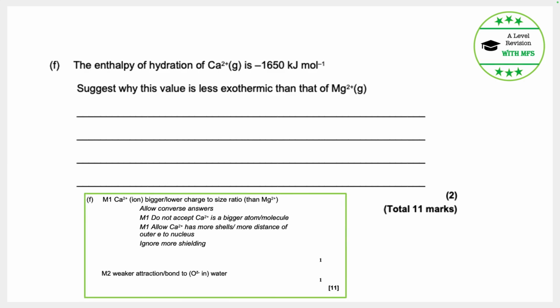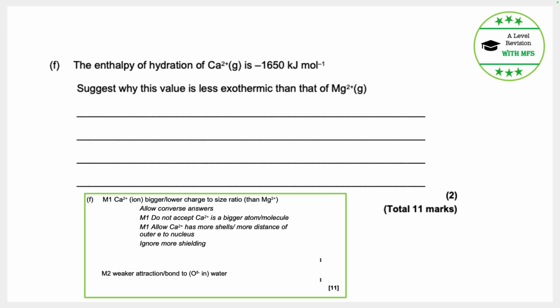Okay, so if we look at the mark scheme again, you'll know how to answer this question. It's just getting familiar with the mark scheme. The calcium Ca2 plus ion is bigger. You could say that because, as we know, down group 2 the shielding increases, and therefore there's a weaker attraction between the outer shell electrons and the nucleus.